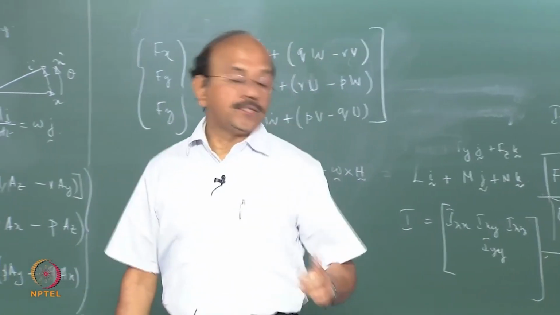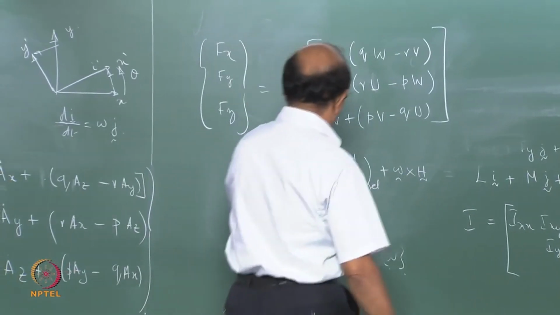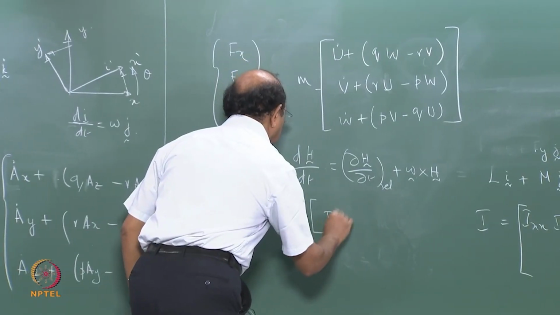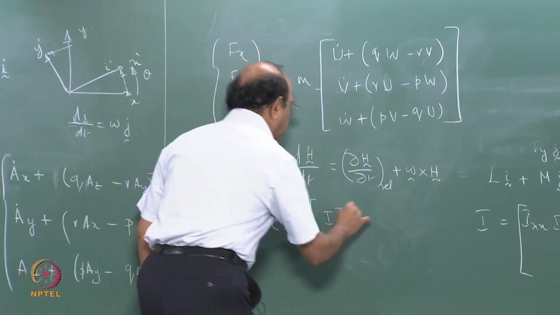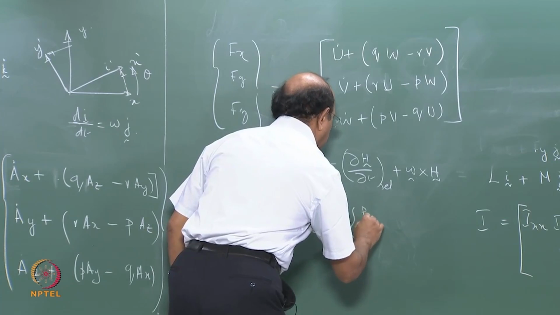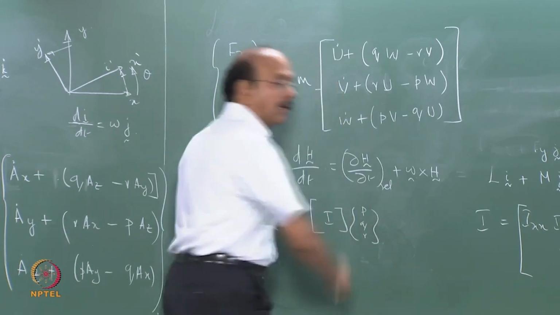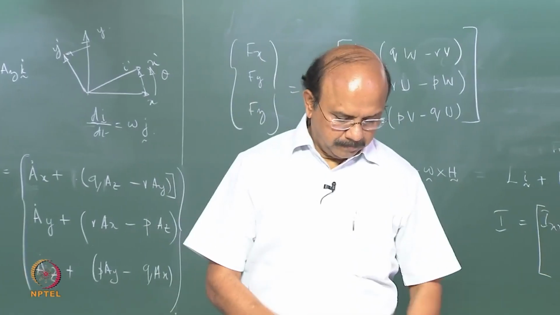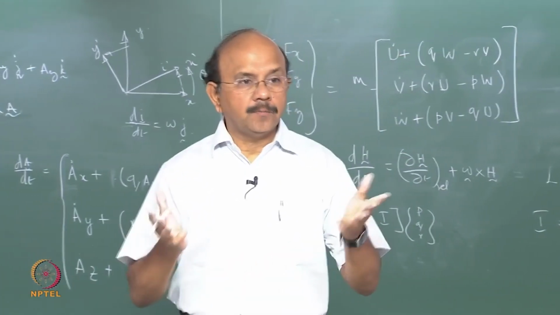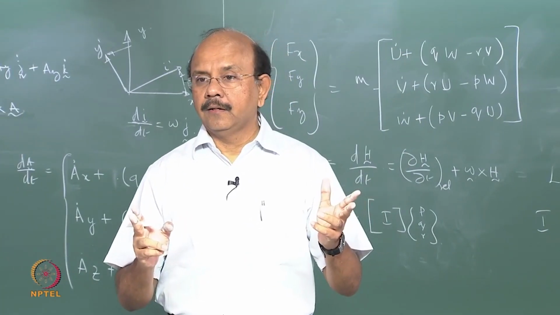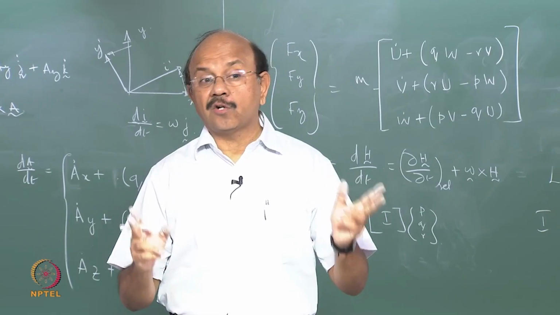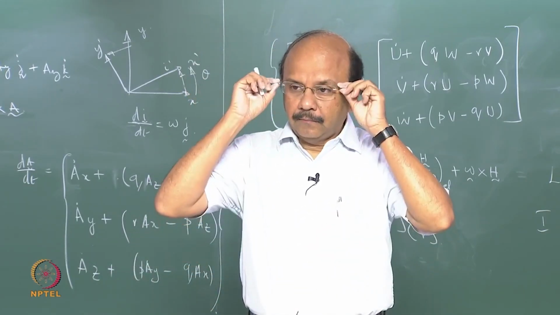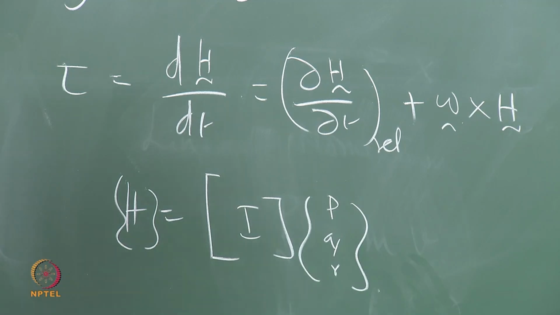Remember, h is equal to I into P, Q, R. So omega is P, Q, and R, right? Omega is not P dot, Q dot, and R dot. This is very standard terminology.